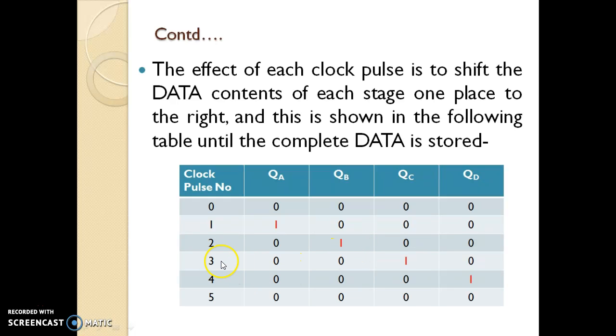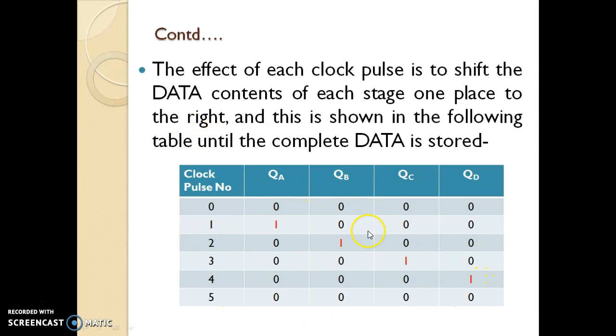In the same manner, when the third clock pulse arrives, the data bit will get shifted to the next flip-flop, that is flip-flop C, and therefore the output is available at QC. Then on the fourth clock pulse, the data of QC will get shifted to D. In this manner, in all 4 clock pulses, the data bit 1 is shifted to the right and goes to the end flip-flop.